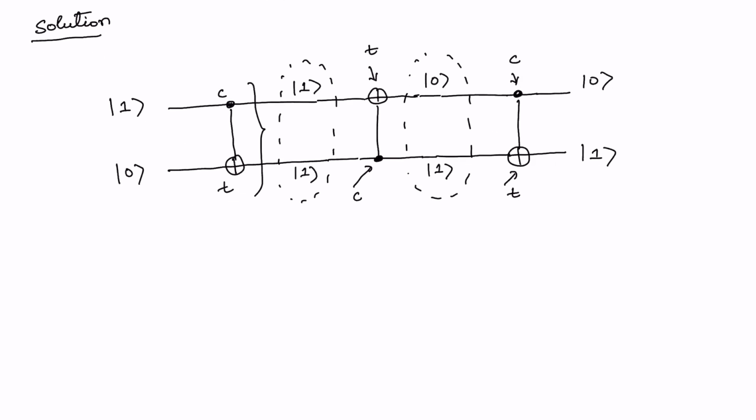So overall what you have seen is that your input is 10, and when it passes through this particular quantum circuit, at the output you simply get 01. Okay, so this is how you can analyze all kinds of gates and quantum circuits.